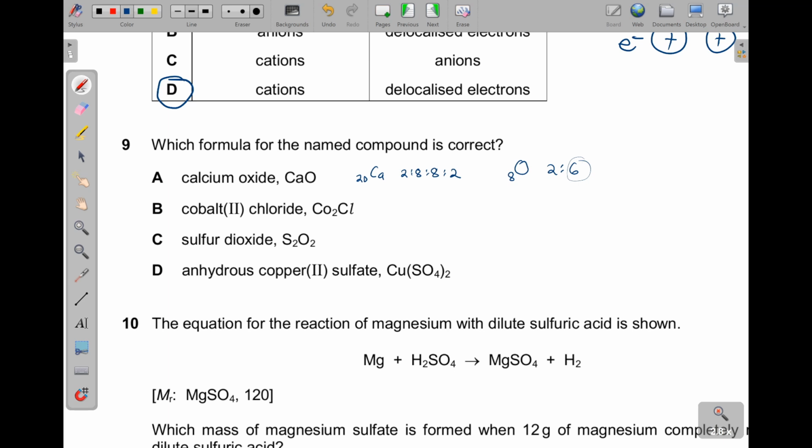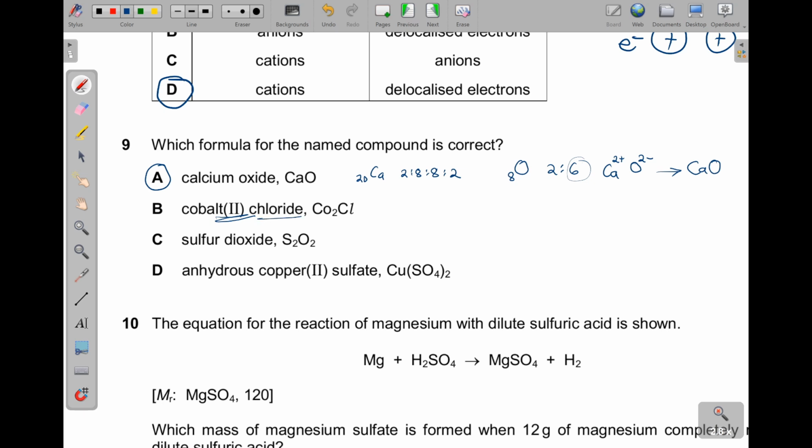You see that? So that means it is going to form a charge of 2 minus. And then this one loses the 2 electrons, then it will form Ca2+. Okay, these 2 will cancel out, because this is a plus 2, this is a minus 2, so they just cancel out. So for 1 calcium ion, we shall need 1 oxide ion, then we shall form the calcium oxide. So this one is correct.